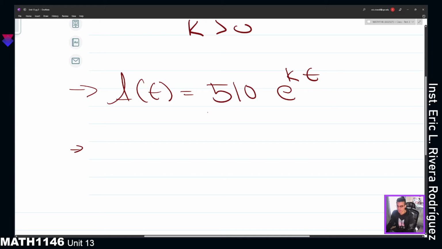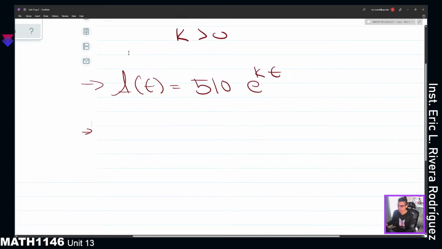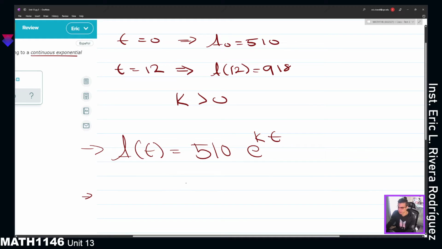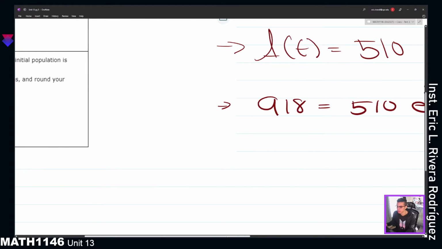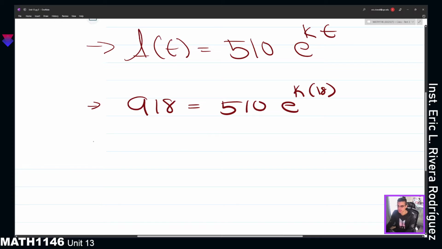If you're not working with the initial time, then you want to work with the numbers that you have from the exercise. So we know that when t is equal to 12, we have 918 equals 510 e raised to the power of k times 12. Our unknown variable is on the exponent, so this is an exponential equation.